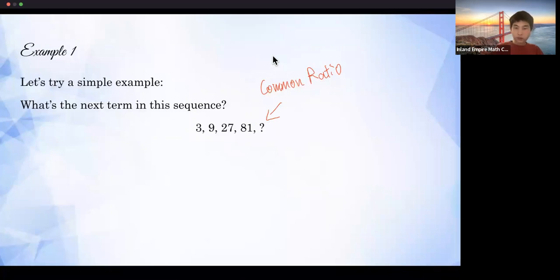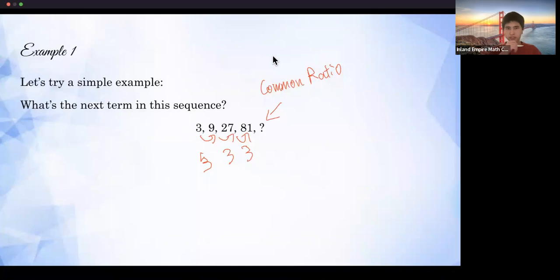When we look at the sequence, we can see that all of these numbers differ by a multiplication of 3, right? Because 3 times 3 is 9, 9 times 3 is 27, and 27 times 3 is 81. So it is clear that the common ratio is in fact 3.